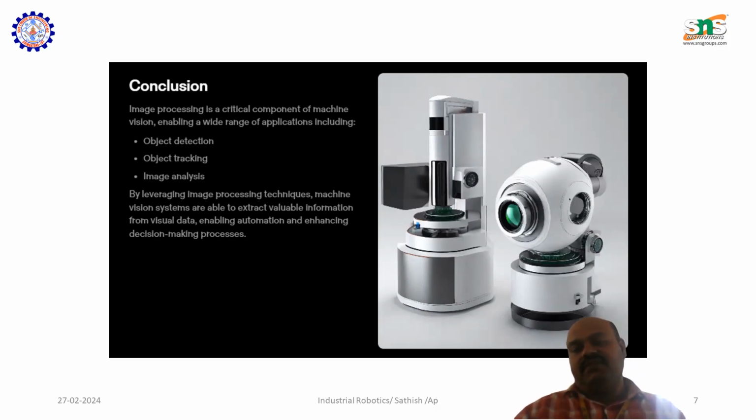This is the final outcome of any robot that is expected. Whenever the robot visualizes any image or any kind of scene, it should have proper decision-making skills based on the images being interpreted.